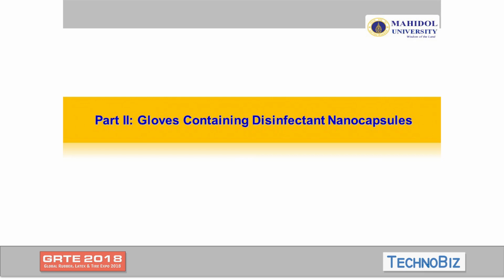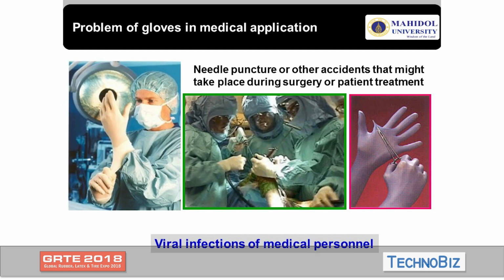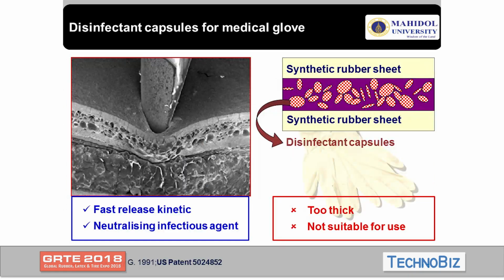For the second part, we will talk about a medical glove containing disinfectant nanocapsules. As you know, medical personnel wear latex gloves to protect their hands from direct contact with patients. However, during surgery or patient treatment, small accidents or needle punctures might occur, which would lead to viral infections of medical personnel.